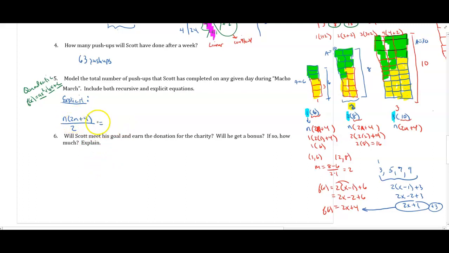Now, if I go ahead and do this, that'd be 2n squared plus 4n all divided by 2. And right away, if I divide each of these terms by 2, 2n squared divided by 2 is n squared. 4n divided by 2 is 2n.